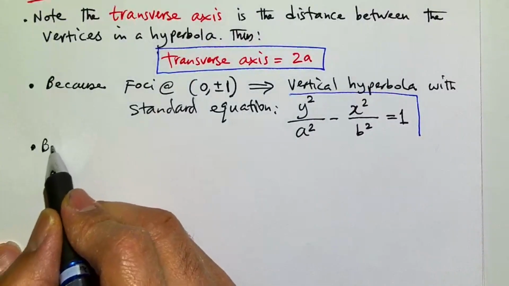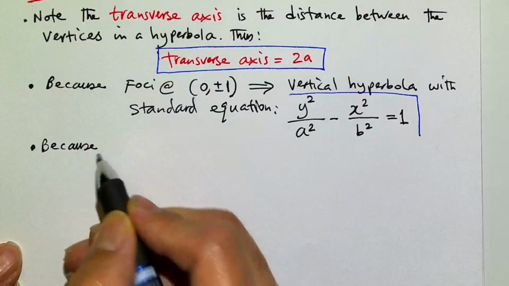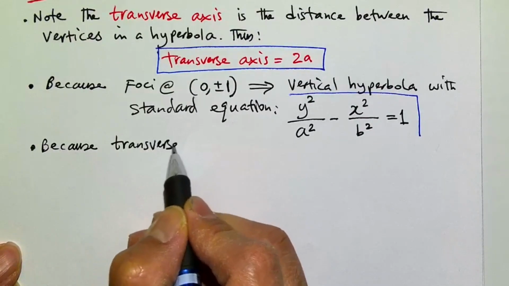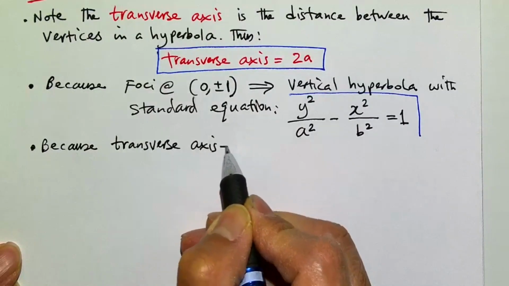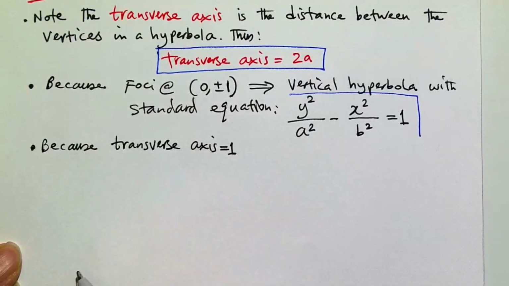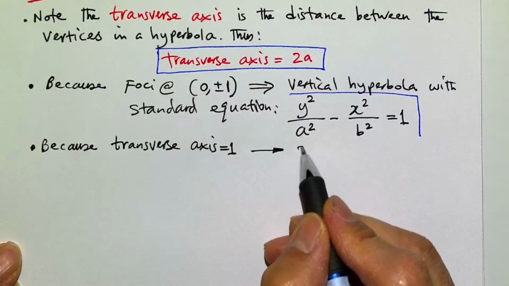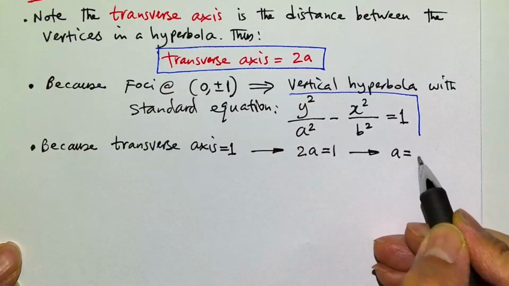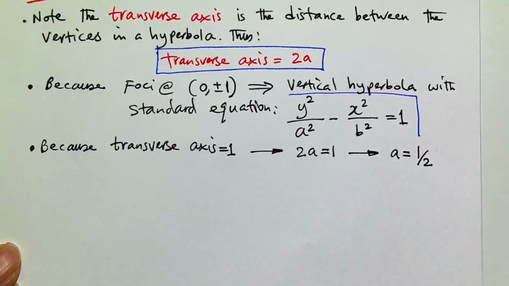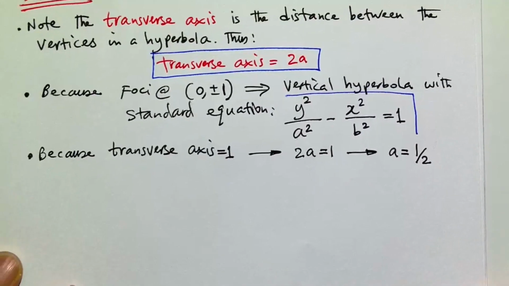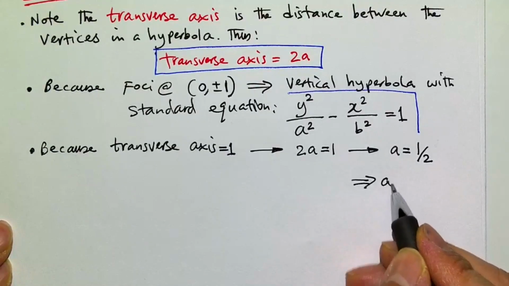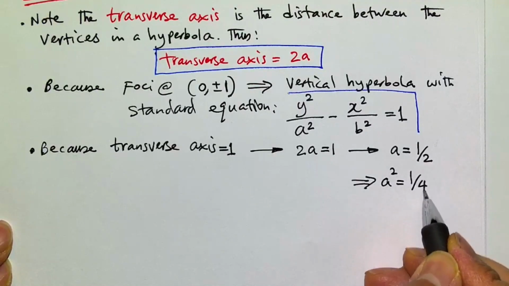Because the transverse axis equals 1, therefore 2a equals 1, therefore a is equal to 1/2. Okay, a equals 1/2, therefore a squared is equal to 1/4.